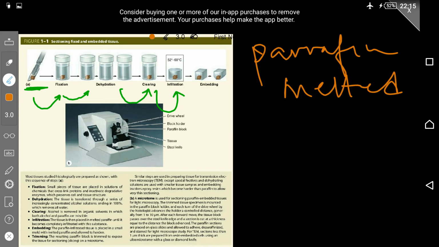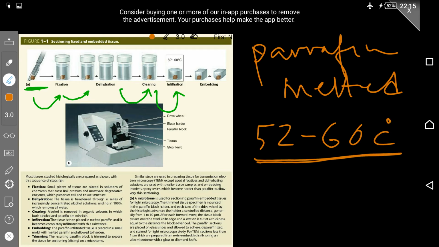So what happens in here, it needs to be put at 52 up to 60 degrees Celsius, so that in this particular range of temperature, melted paraffin could stay melted and also could infiltrate into the tissue. So at the end of the infiltration step, the tissue will be totally paraffin filled.